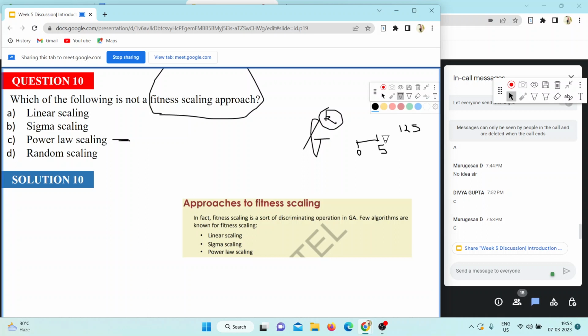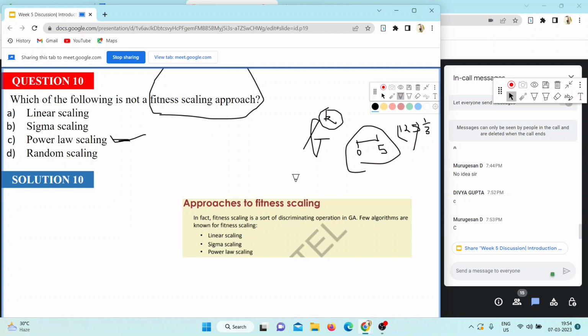To fit this 125 in the scale 0 to 5, we have to take the power 1 by 3 of 125. So power scaling is a type of fitness scaling approach. There are other fitness scaling approaches. One is linear scaling.